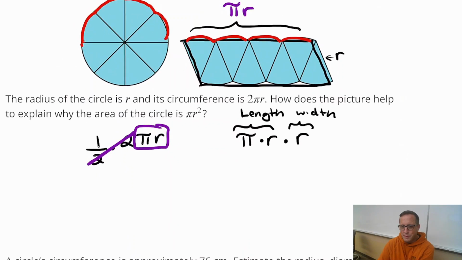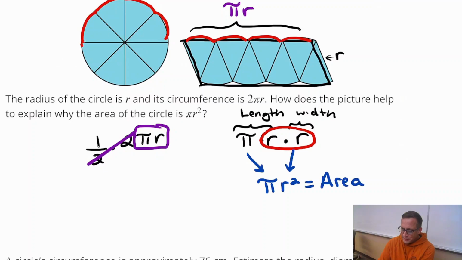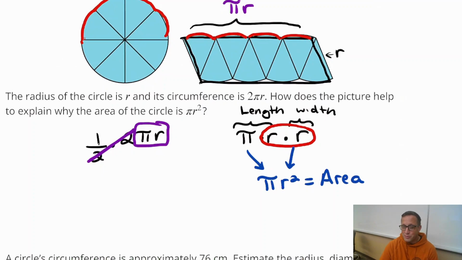Then you can see where the r squared comes from, because right here you have r times r, and r times r means r squared. So if we break that down even further, that's pi times radius squared, and that equals the area of the circle. So that's where that comes from. Take away what you want from that, but I believe that's pretty good. It's the best I can do.